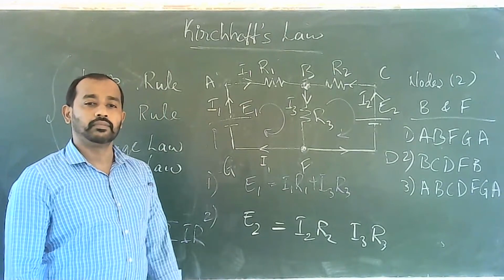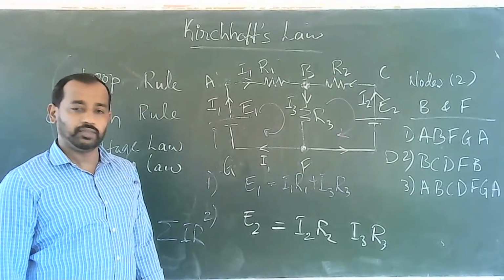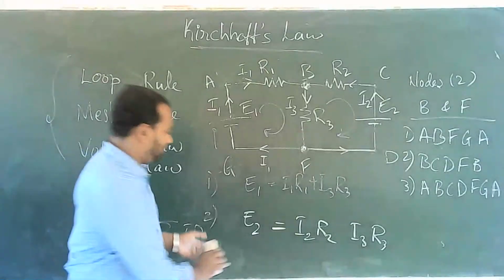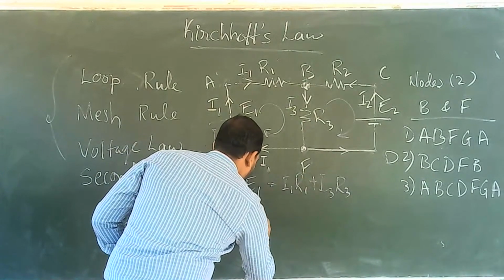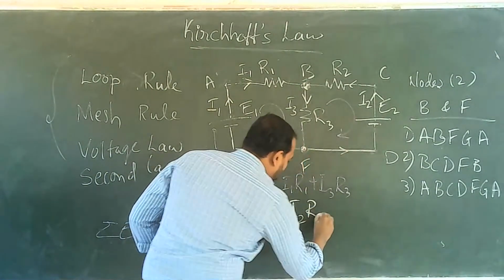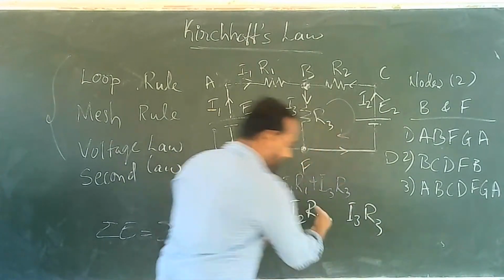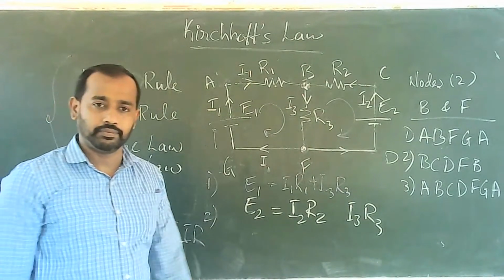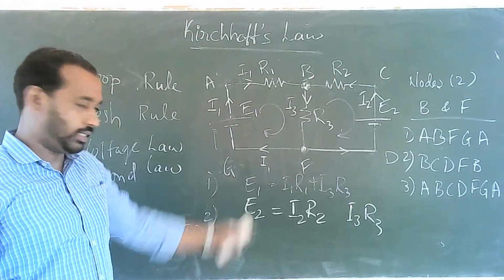Okay. Now you have to place the sign convention. What is the sign convention? Write it here: I2 R2, I3 R3. I need space to write another equation also, that's why I have rubbed it and rewritten that.